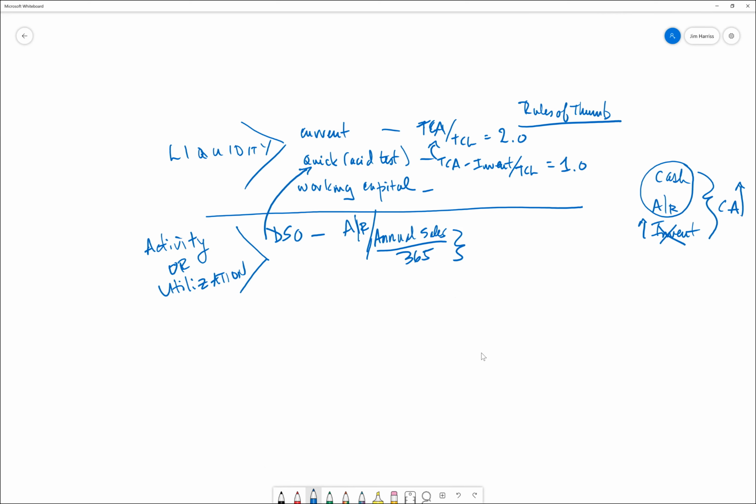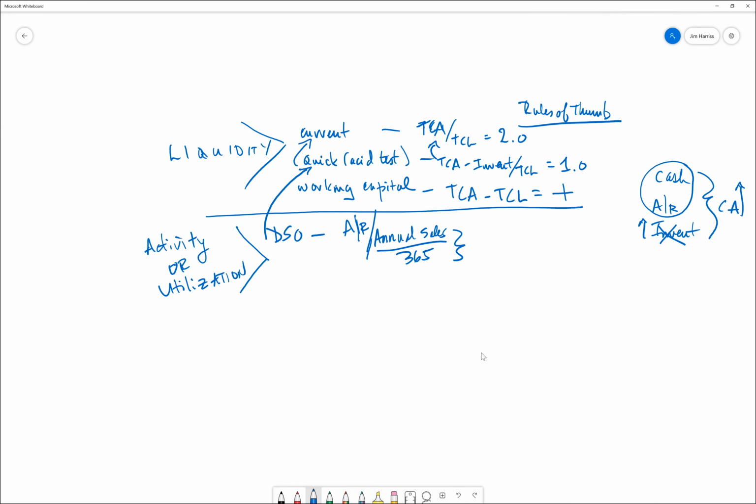So your DSO is going to check your quick, and your quick checks your current. That's how it works. Now, you still have working capital. That's total current assets minus total current liabilities, and obviously you'd like that to be positive. If your current liabilities exceed your current assets, you're probably not going to be able to pay your bills.